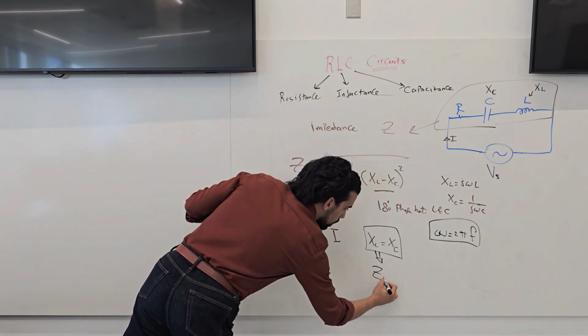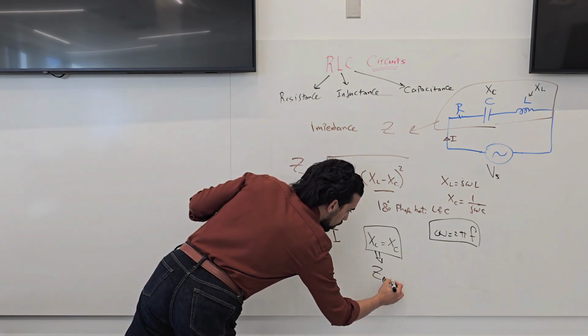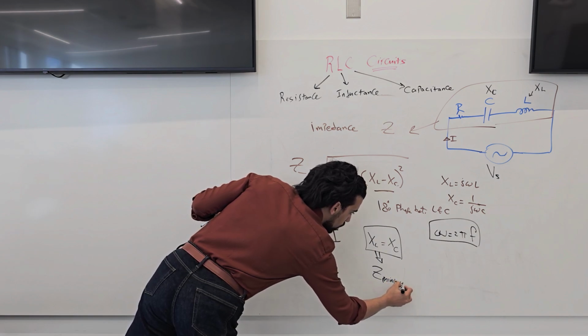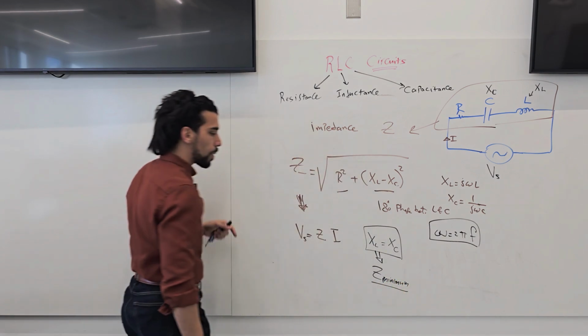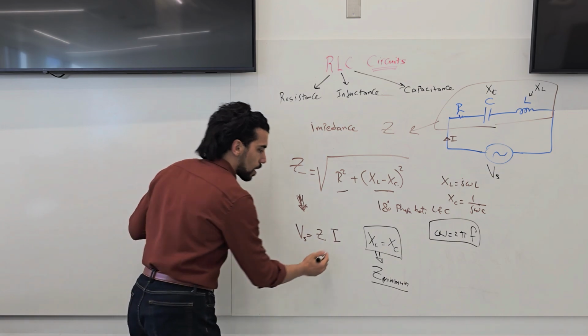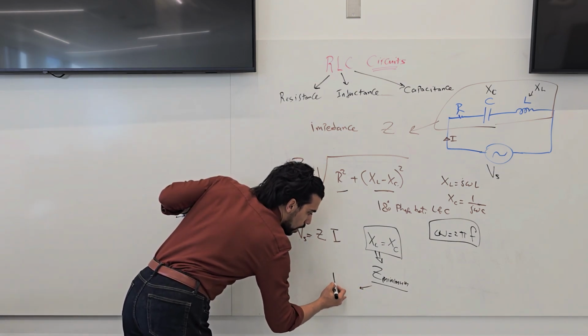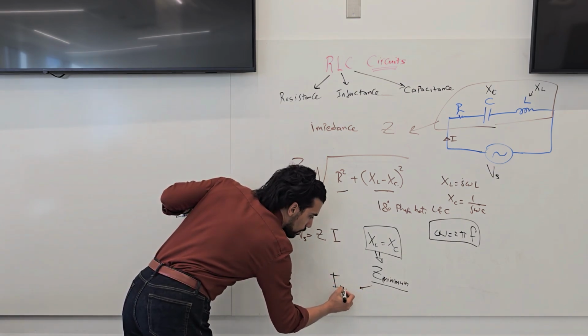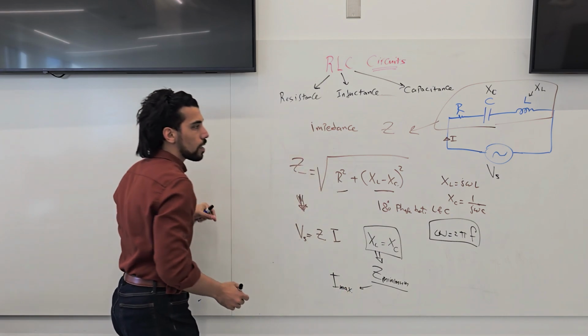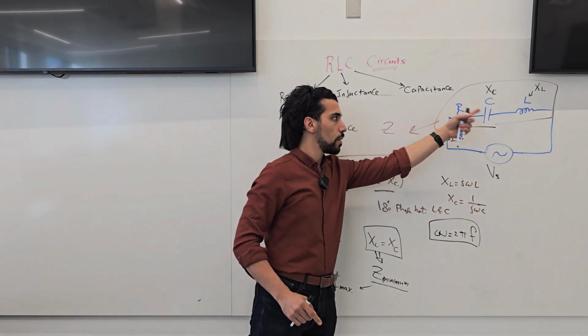The impedance is minimum. And when the impedance is minimum, that means what? It means we are going to have I max. The maximum current is going to go inside the circuit itself.